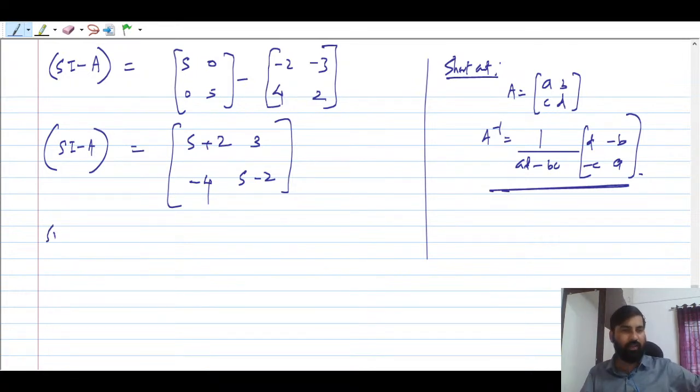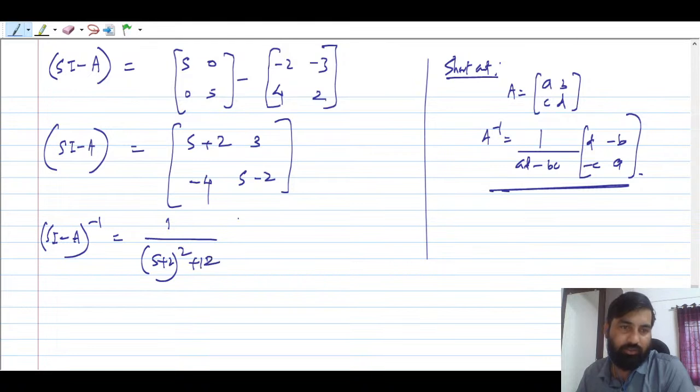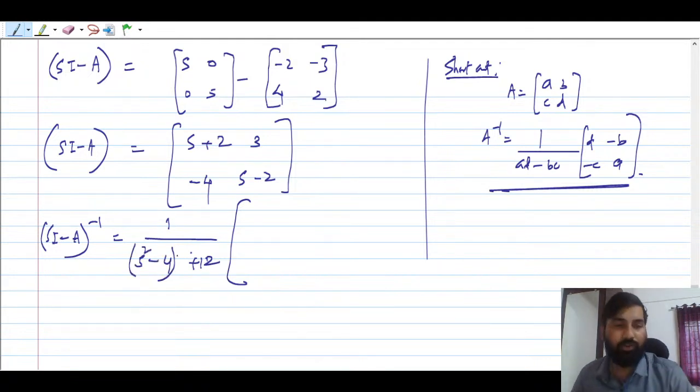So how will we find sI minus A whole inverse? For a 2 by 2 matrix, this is the shortcut you can use. What is the determinant in this case? It is 1 upon (s plus 2)(s minus 2), so sorry, it is not like that: because this is s plus 2, s minus 2, it will be s square minus 4 that you can write.